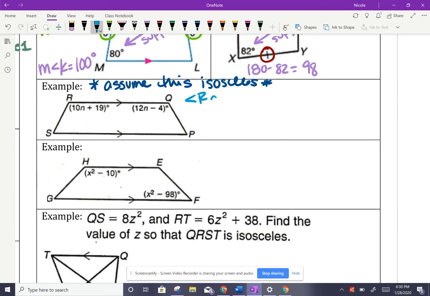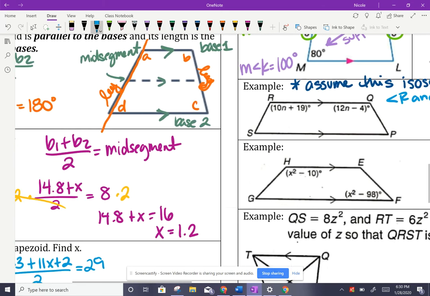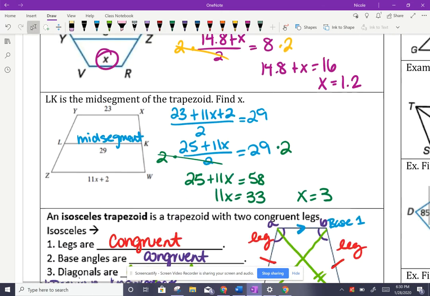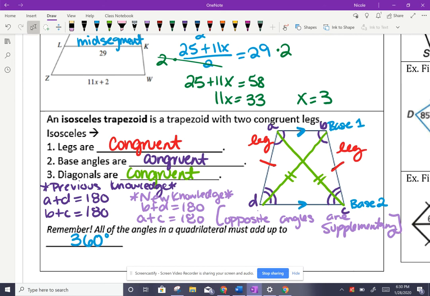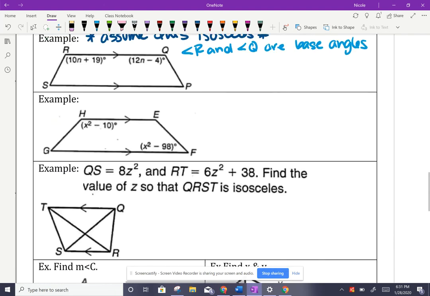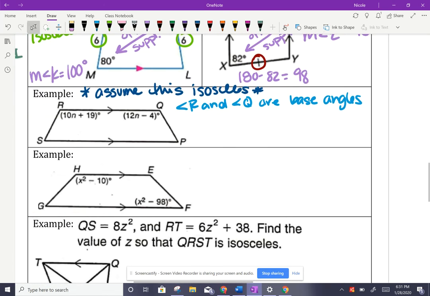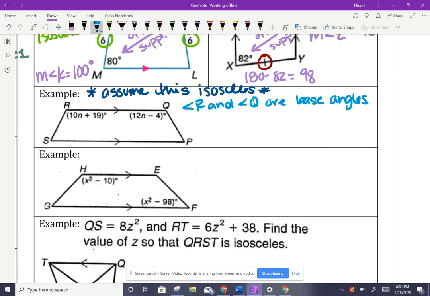So angle R and angle Q are base angles. And what did we just talk about with isosceles trapezoids and base angles? Because they share the same base, base angles are congruent. So if they're congruent, then they're equal to each other. So the measure of angle R is equal to the measure of angle Q.